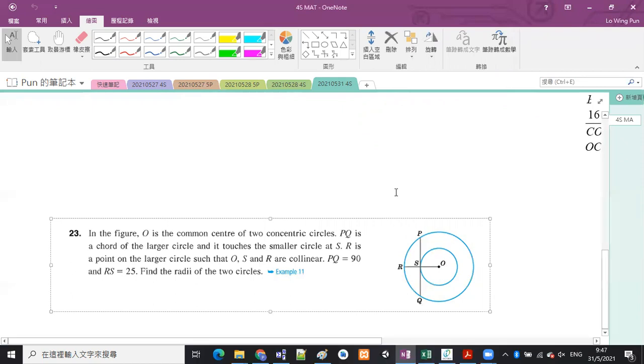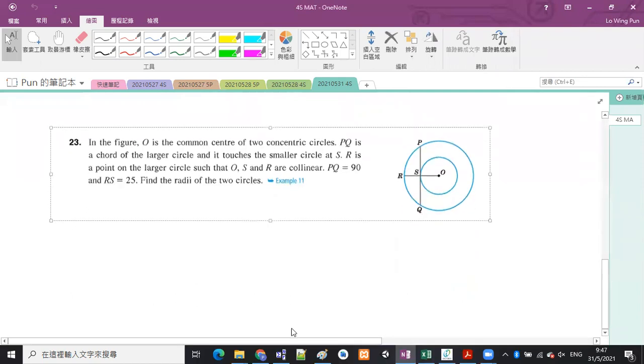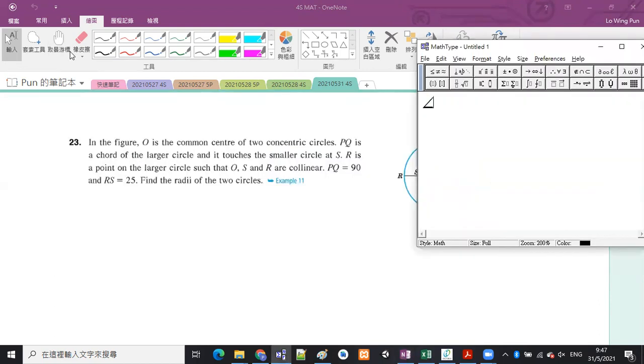Let's look at this. First, OS is a radius of the smaller circle, and PQ is a tangent to the smaller circle. So tangent should be perpendicular to radius, right? So angle OSP should be equal to 90 degrees. This is tangent perpendicular to radius.